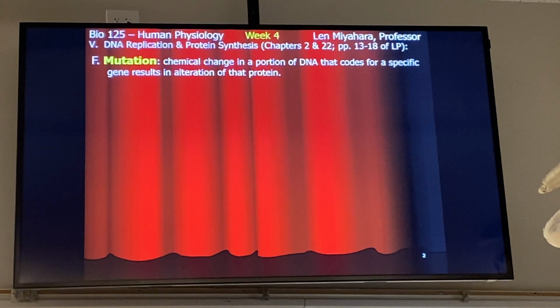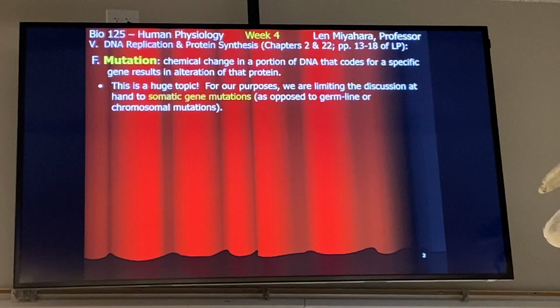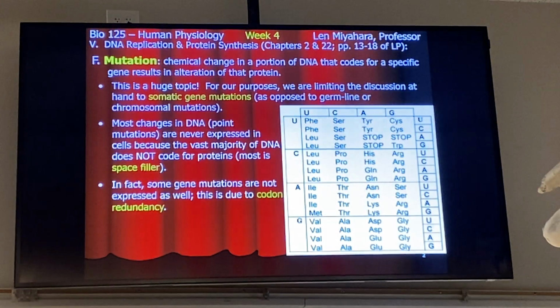All right, the other subtopic on protein synthesis is mutation. Go ahead and fill in the blanks.